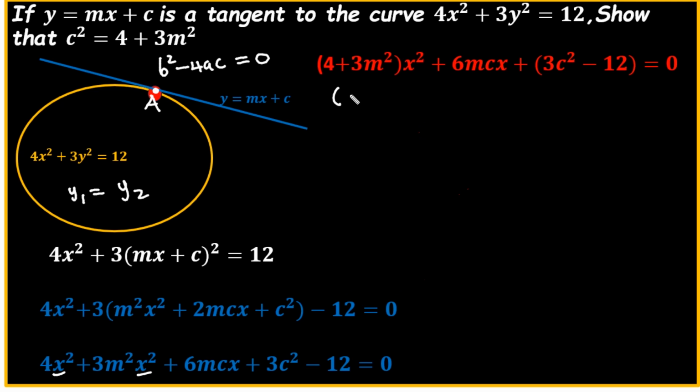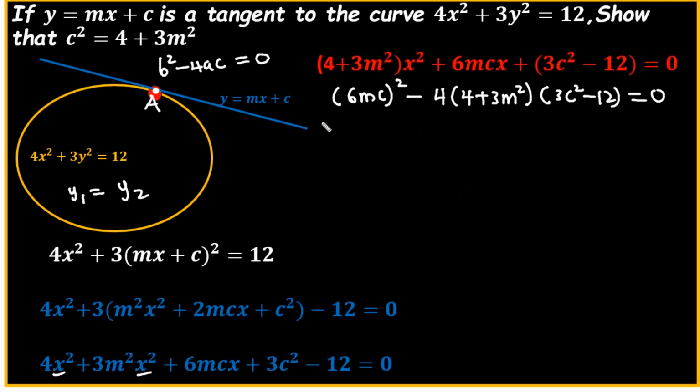So my b is 6mc, I square, minus 4. The value of a is 4 plus 3m squared, then c is 3c squared minus 12, everything is equal to 0. After doing that, I'm going to expand.